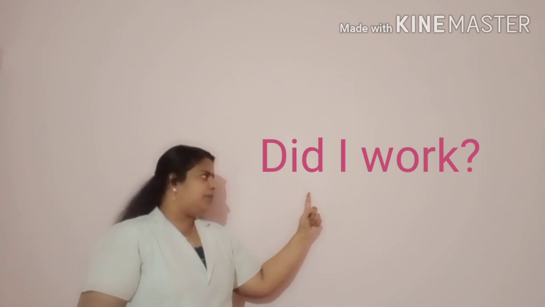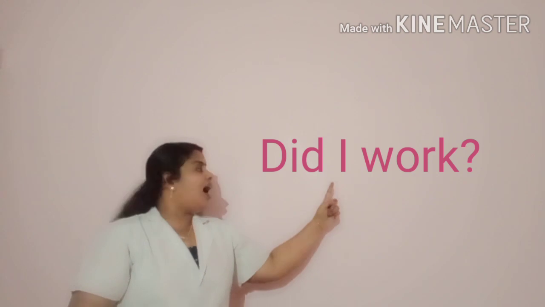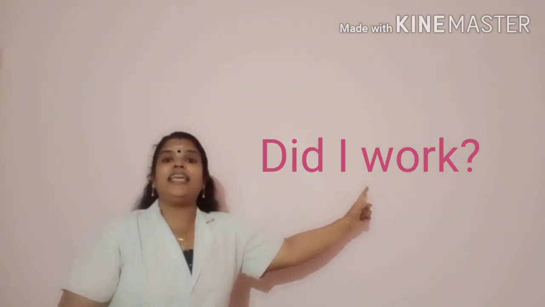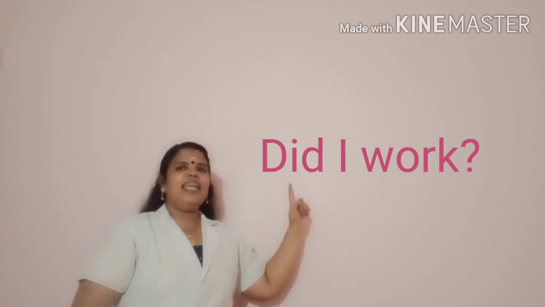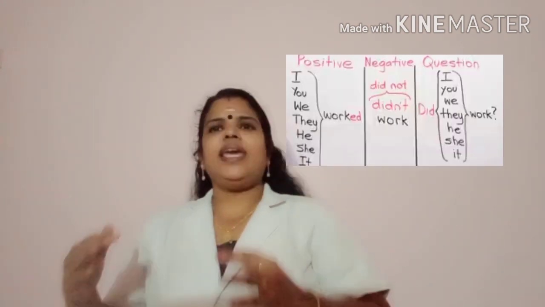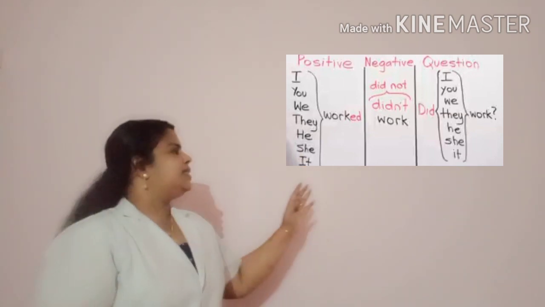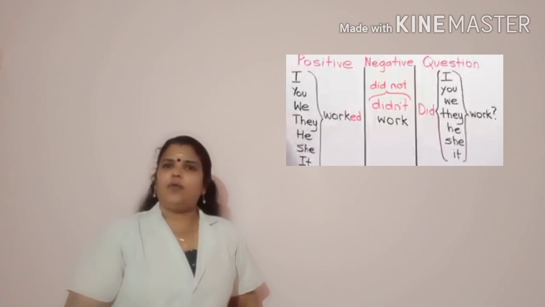First did, then the subject I, then what? The base form, that is work. Did I work? In a question, we come back to the base form of the verb.